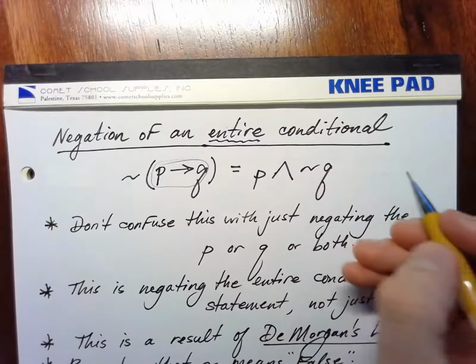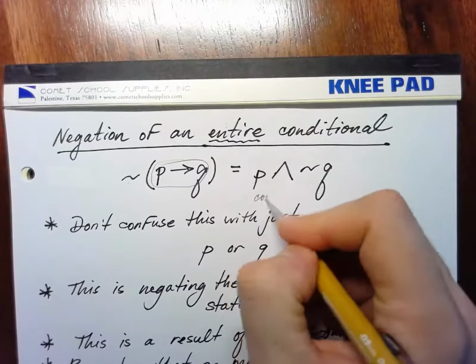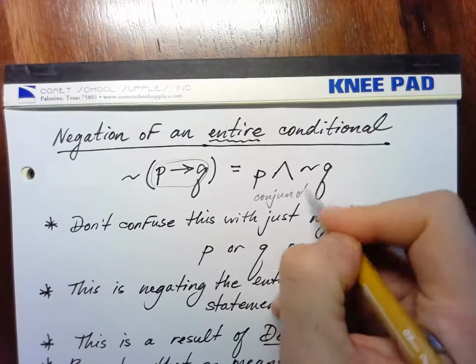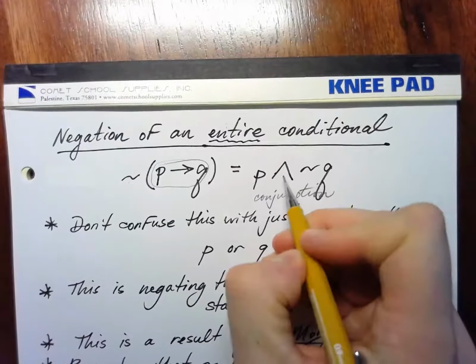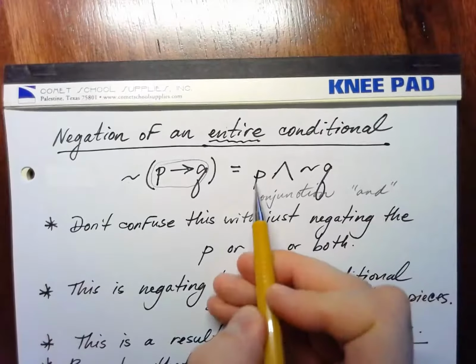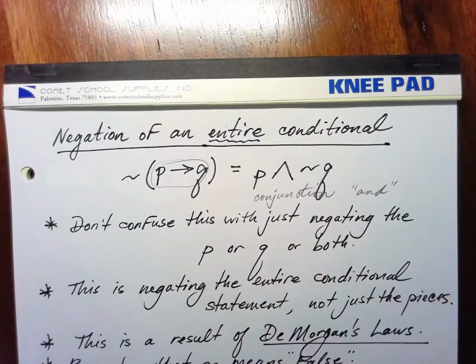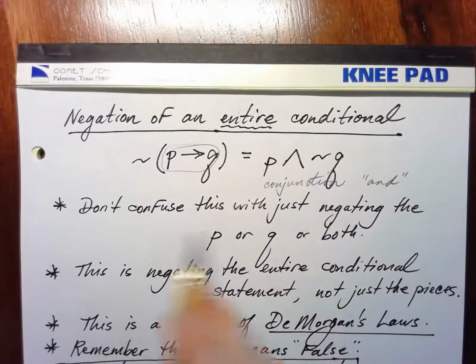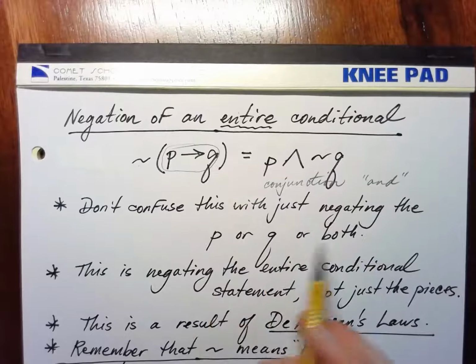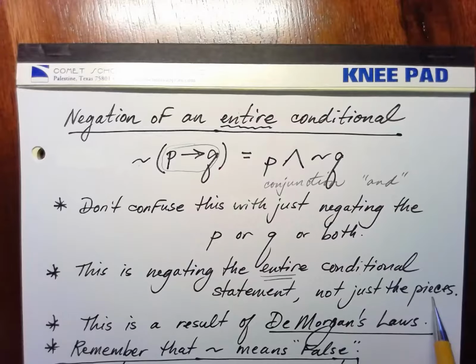Remember, this is a conjunction from our lecture last time, because of that symbol right there, and that means and. So P and not Q. Okay. So don't confuse this with just negating the P or Q or both. This is negating the entire conditional statement, not just the pieces.